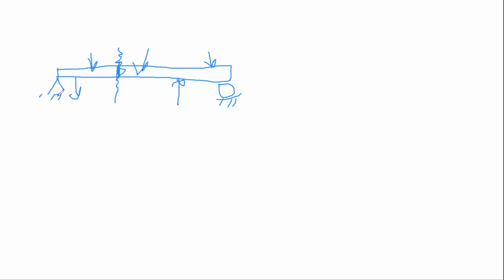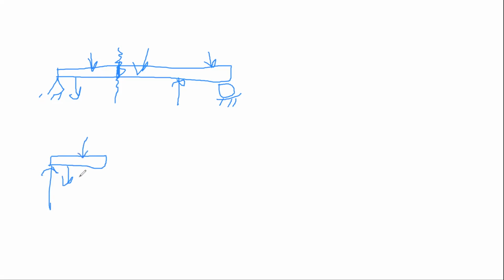So we need to draw the free body diagram, right? And first we find the reactions. I didn't do that, so let's assume we already found the reactions. In the free body diagram here, we have this force and this force.